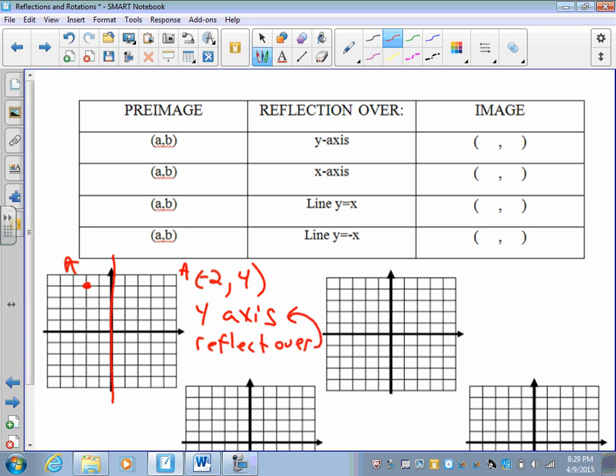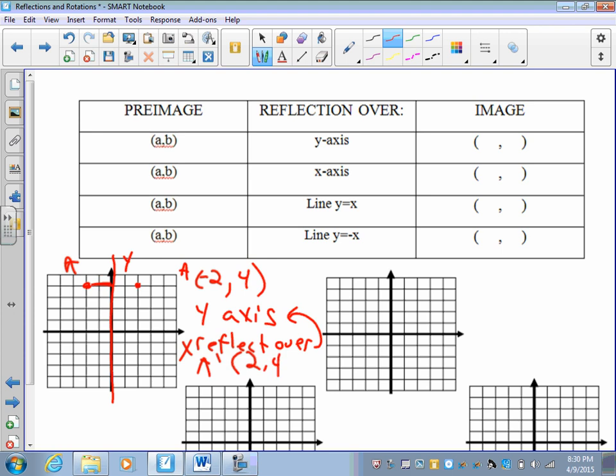If I'm reflecting over my y-axis, then it's going to be equidistant from the y-axis on both sides. So if it's 2 to the left, it's going to be 2 to the right. So my new point, A prime, is going to be 2, 4.